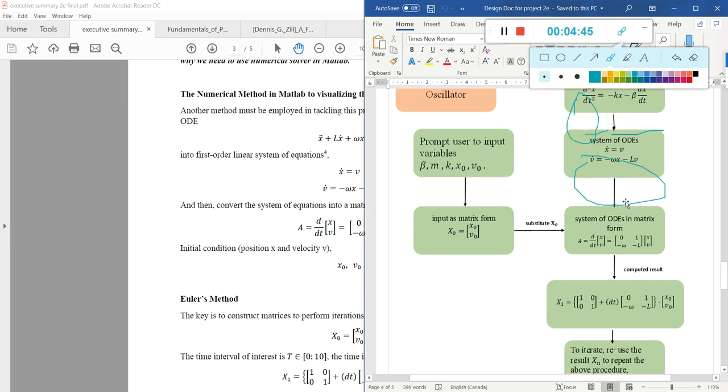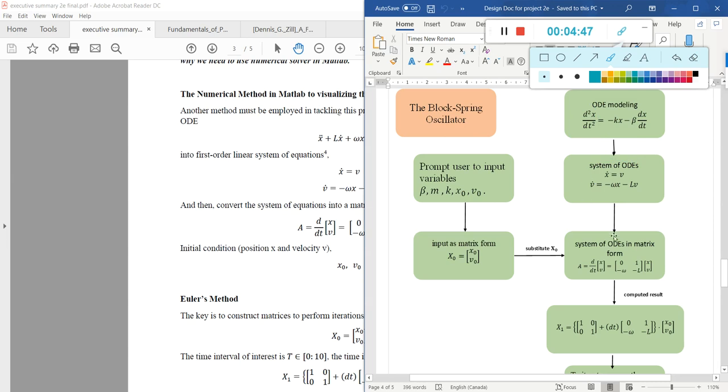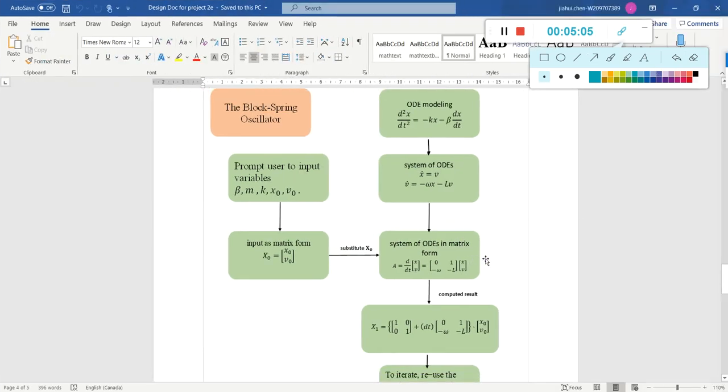And then I need to convert the equations into a matrix, because that's the only way I can have the equations coded into Matlab. I actually had to do a little research on this because even though I finished all the calculus, there's not a mention of matrix, so I kind of struggled with this part.